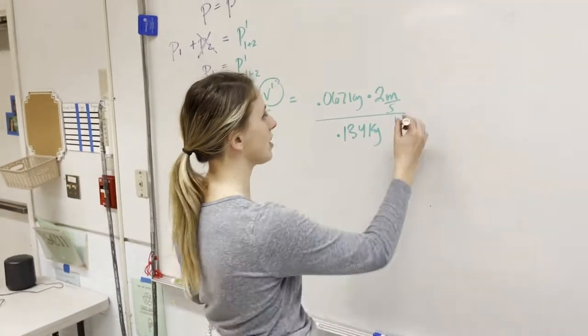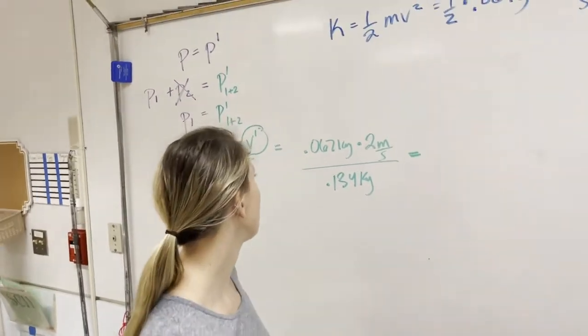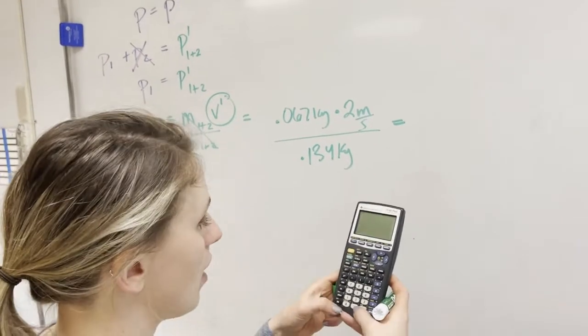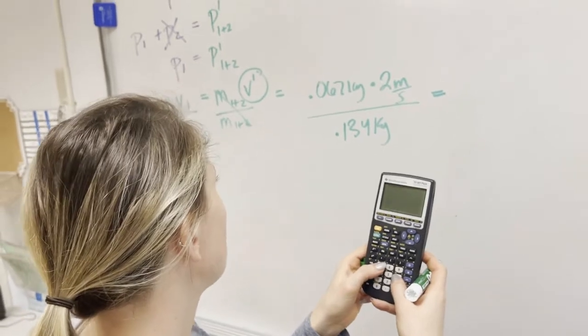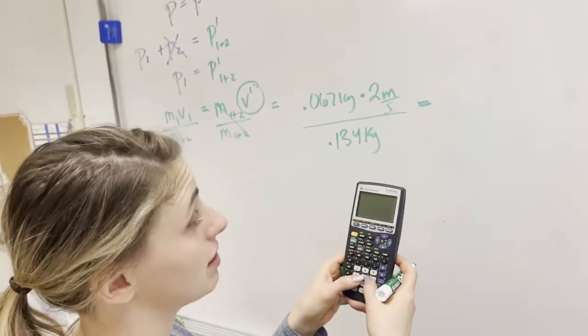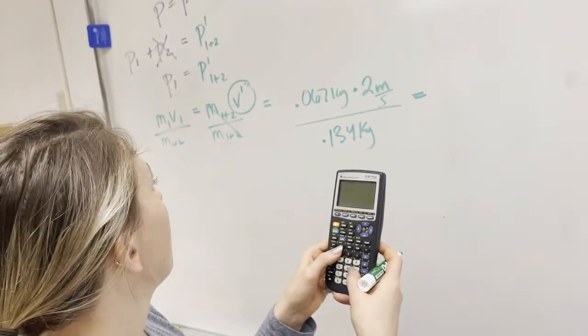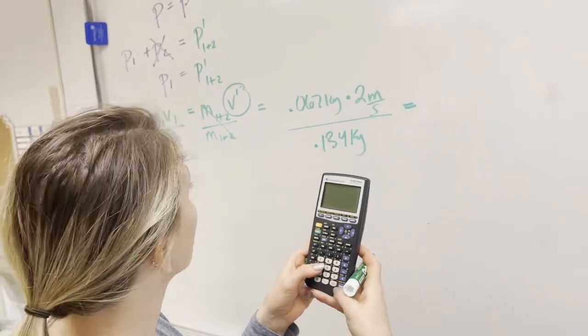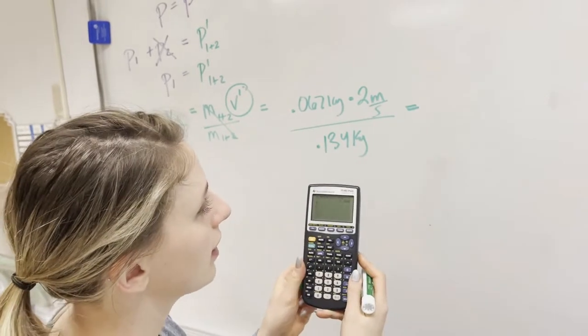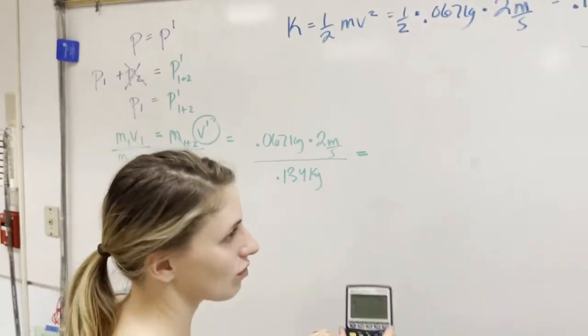They have the same mass. Now let's solve for this. We've got 0.067, and parentheses are good on this one, times 2 divided by 0.134. And here we go, and I get 1 meter per second.